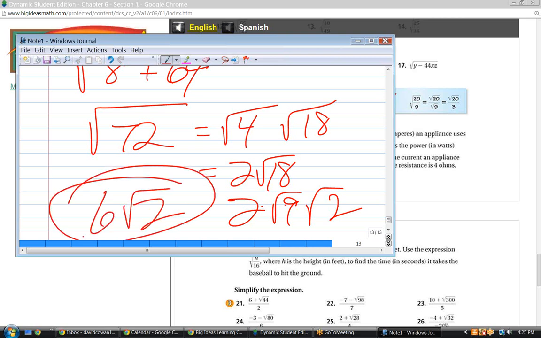In other words, you can always get there using a smaller perfect square. You just take more steps. This is the process I call whittling it down. I pull out a 4, I pull out another 3, and so forth and so on. But as long as you see the 36 immediately, clearly that's the faster way to do it.